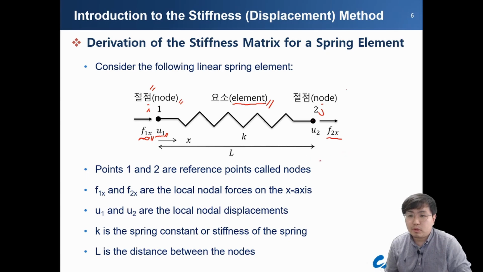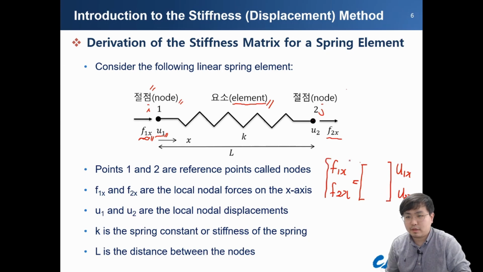So we have two force variables and two nodal displacements. So this must be the same as some local stiffness matrix.